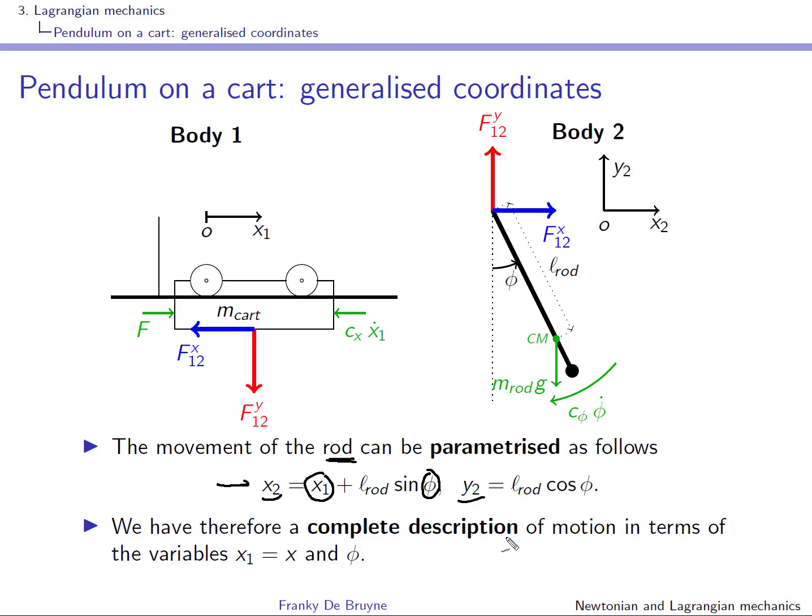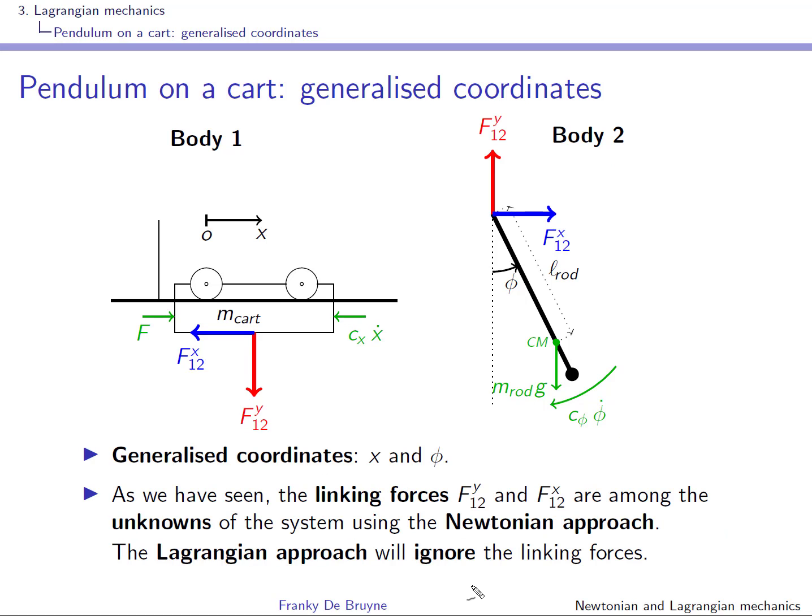So we see that the complete motion can be described by the variable x, which is the degree of freedom of the cart, and phi, which is the degree of freedom of the pendulum. So we'll use x and phi as generalized coordinates, right?